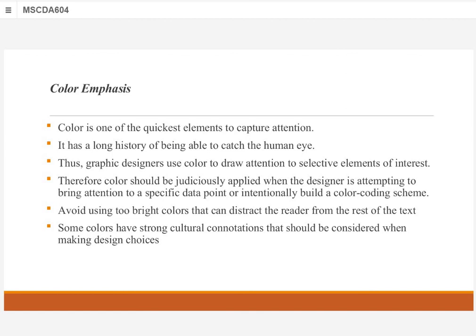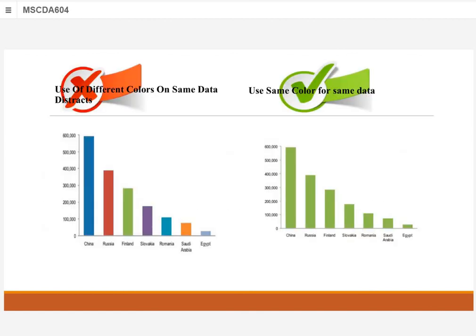Color is one of the quickest elements to capture attention. Right? We can talk of color in the sense of if you want to emphasize something. Normally, if people see red, they quickly look at it. Red is intimidating in some instances.